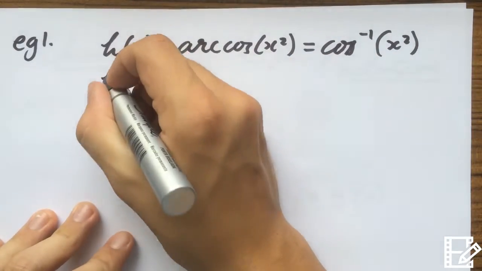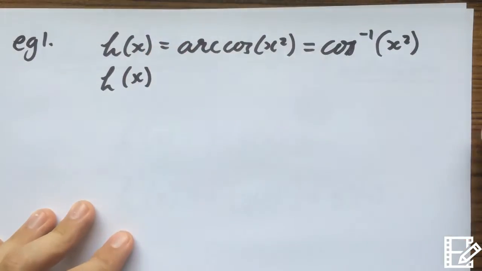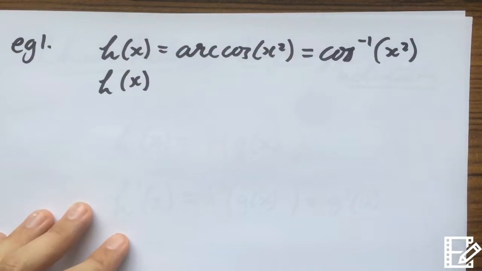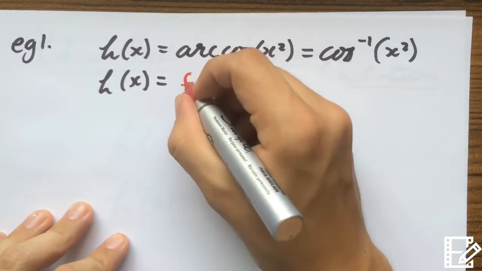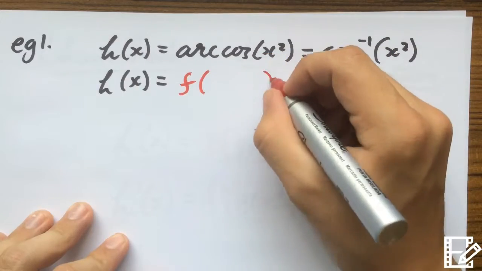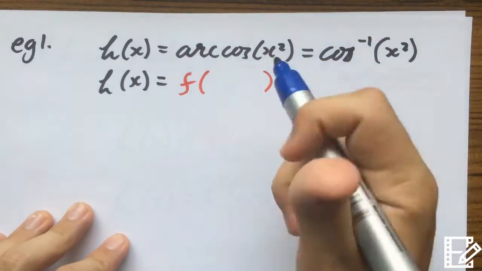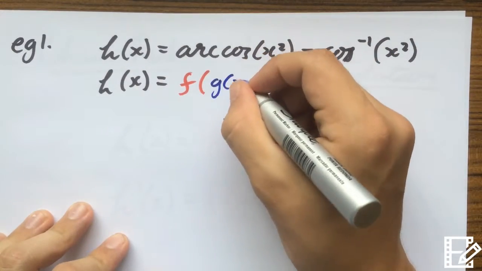Anyway, so we know that what we should have if we're finding the chain rule is an outside function followed by an inside function.